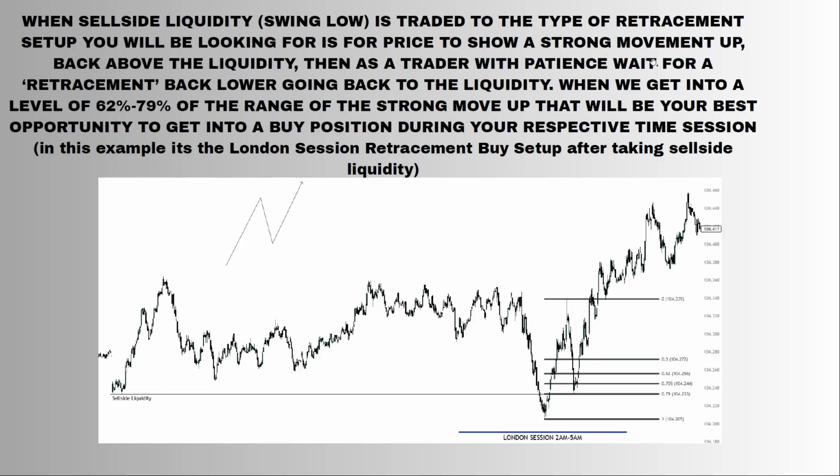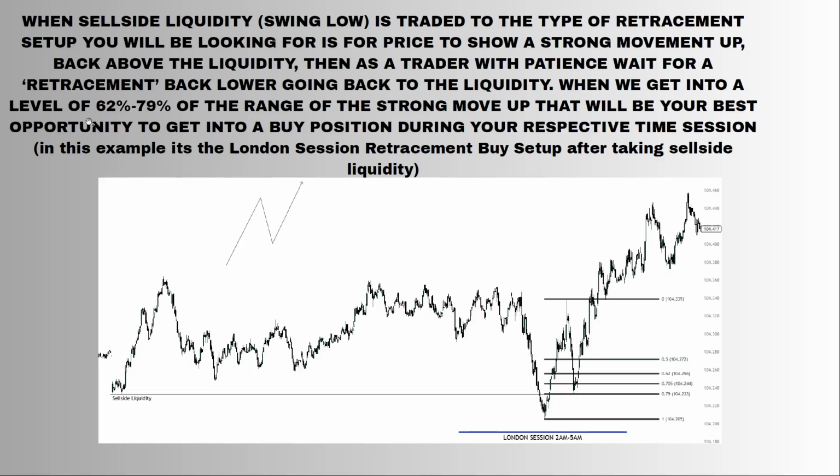Then, as a trader with patience, wait for a retracement back lower, going back to the liquidity. If we're taking the sell side liquidity and we have a movement up, price going back to the liquidity would mean going back down. This is your retracement move.